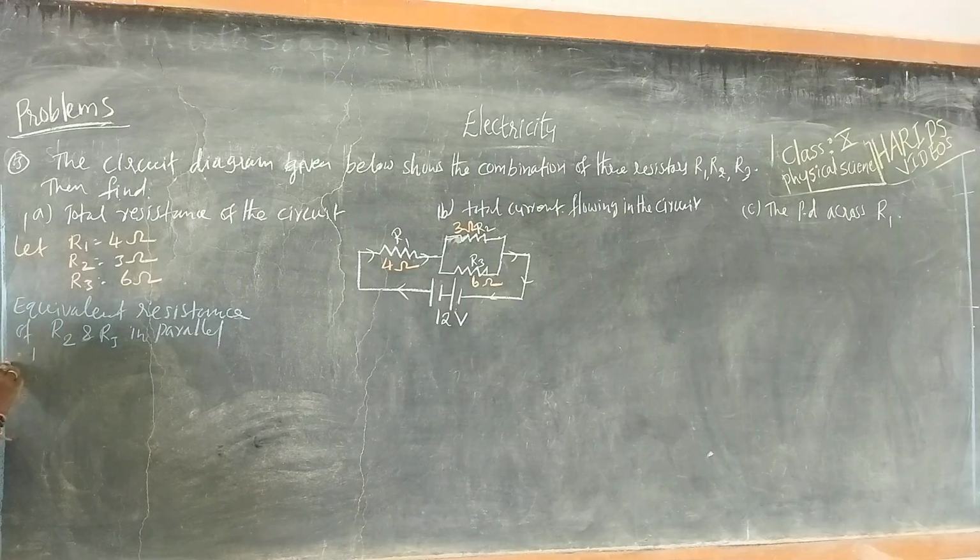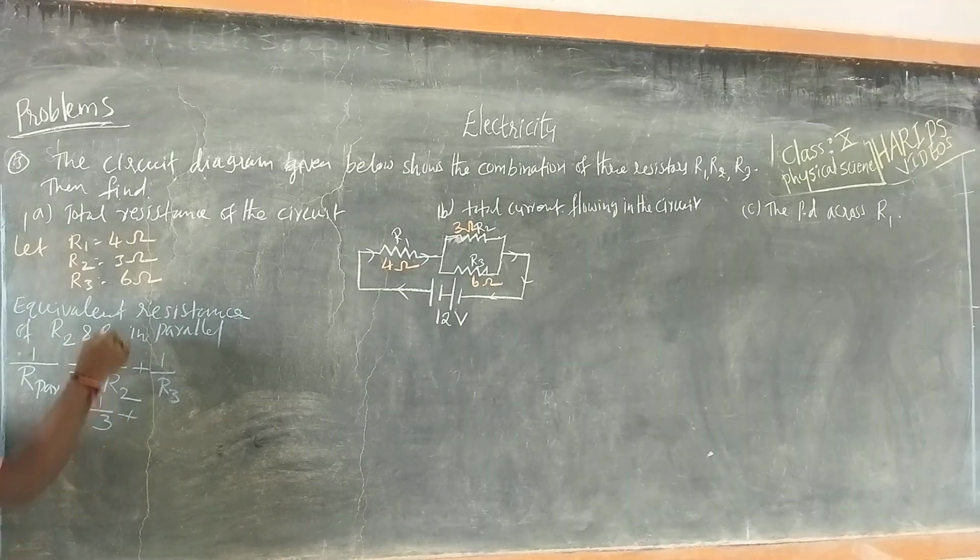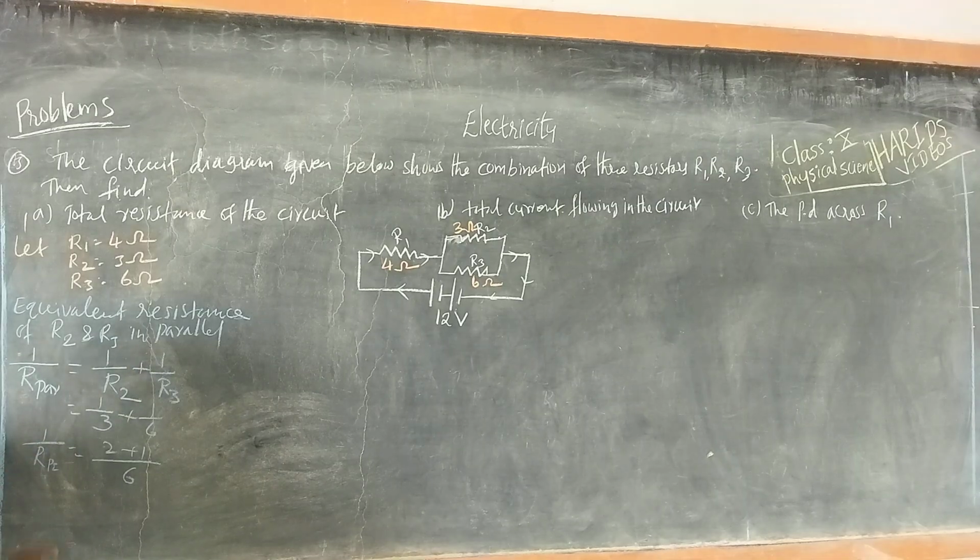So 1 by R parallel is equal to 1 by R2 plus 1 by R3. That is equal to 1 by 3 plus 1 by 6. That is equal to, 6 is the LCM, 2 plus 1 by 6. So 1 by R parallel is 3 by 6.